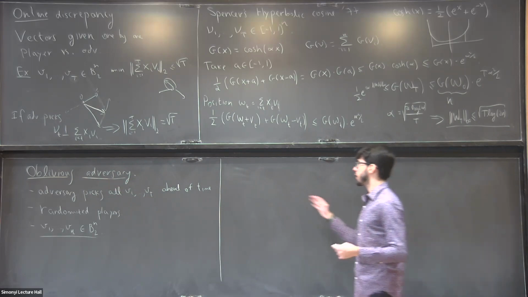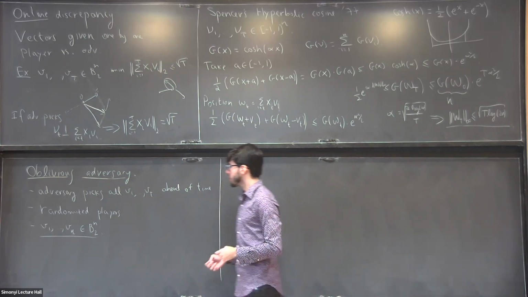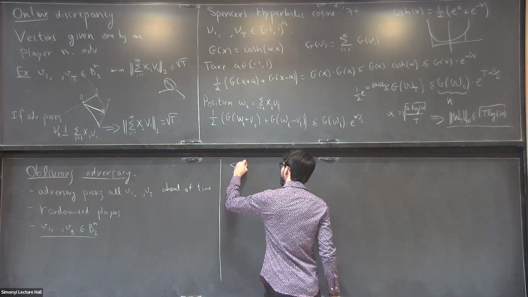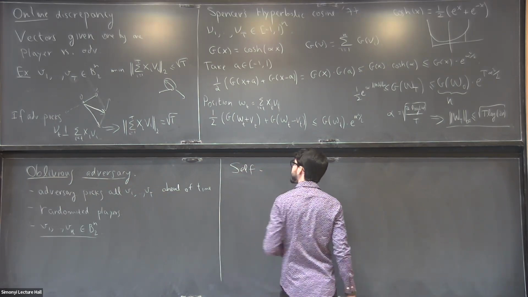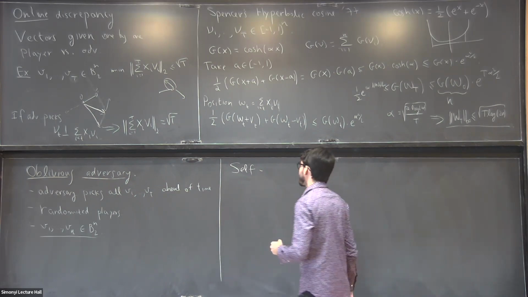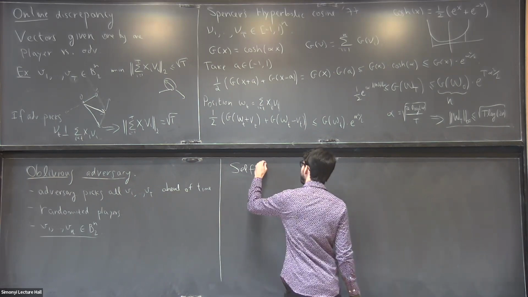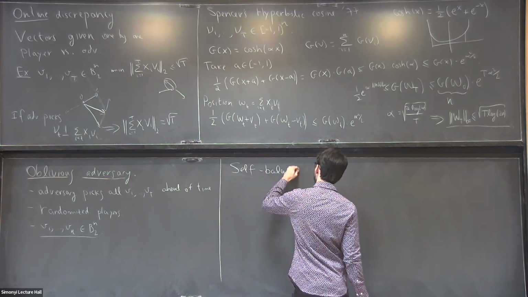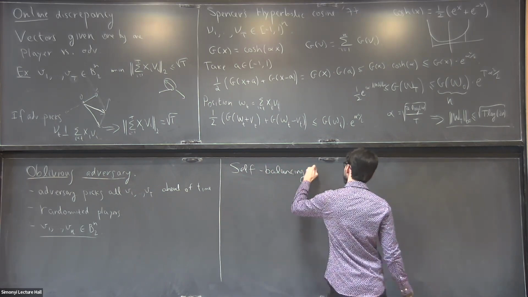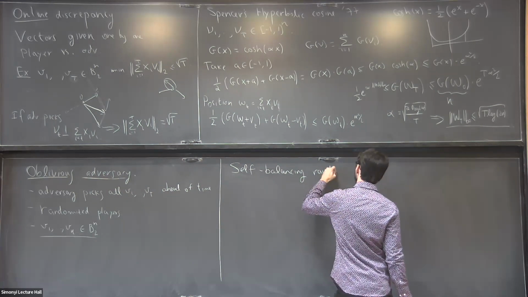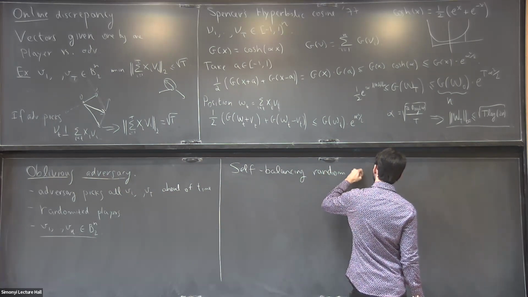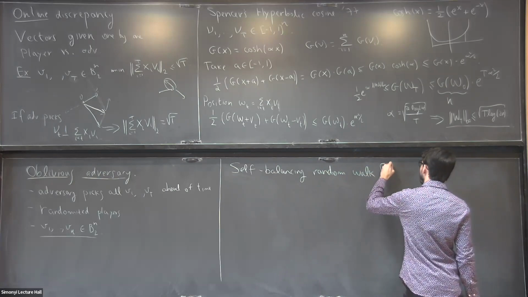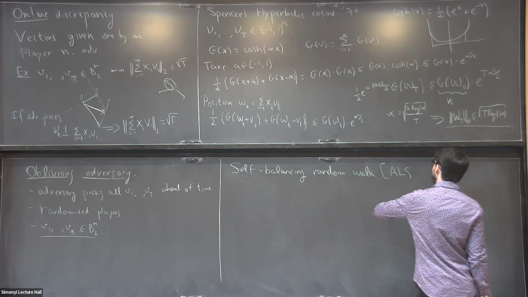They can do whatever they want ahead of time and give to us. So the first paper that got a non-trivial bound for this setting was the self-balancing random walk, due to Alweiss, Liu, and Sawhney.